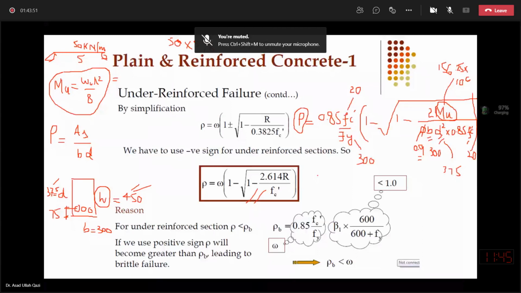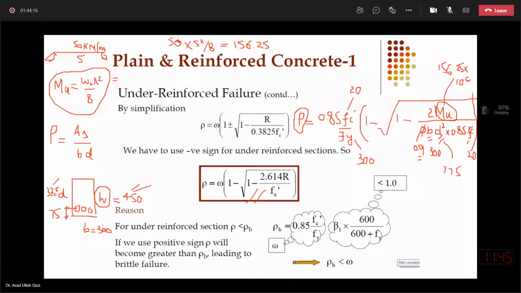In reinforced concrete design, this is the design rho, and this rho expression you are going to use to design tension controlled under-reinforced cross sections. So first tell me 2 Mu over 0.9 B D square into 0.85 FC prime.